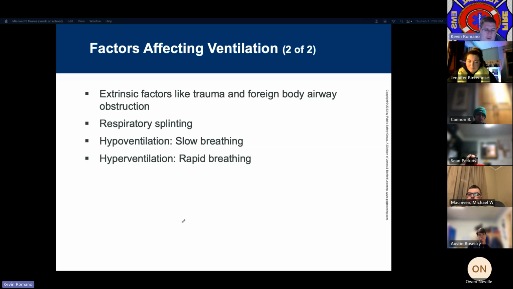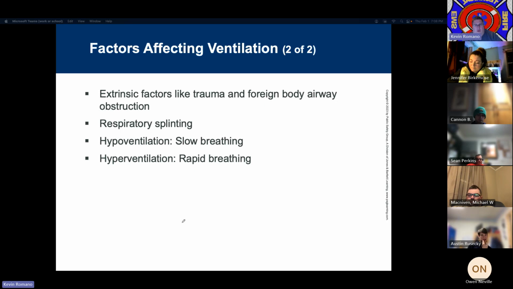So if our minute volume is higher or lower, it'll change those levels, which is why we have to truly base our respirations and our ventilations on carbon dioxide exchange, looking at our end-tidal. That's going to help us meet that homeostasis and get to our range of 35 to 45.